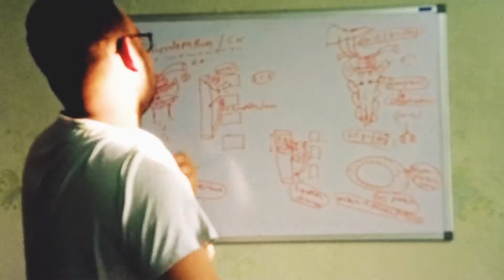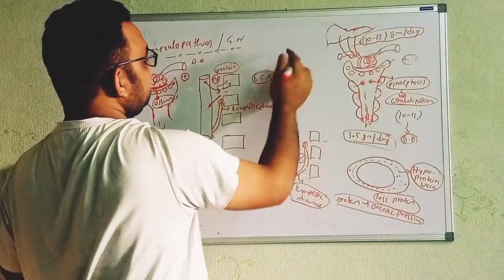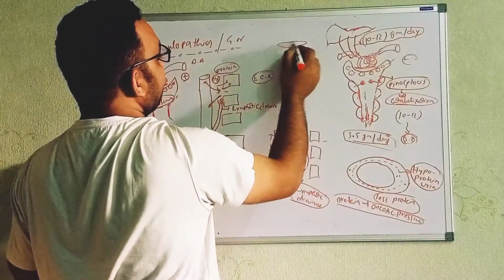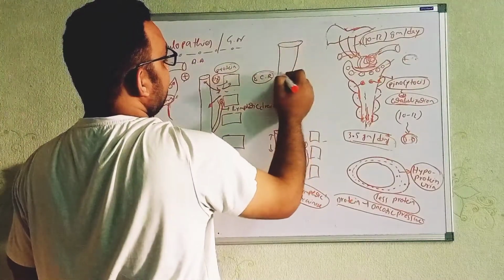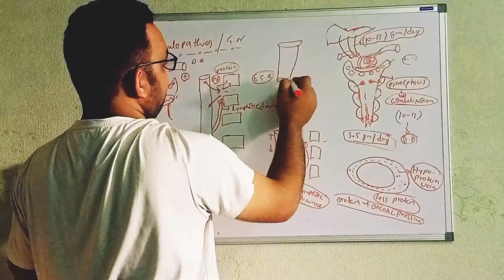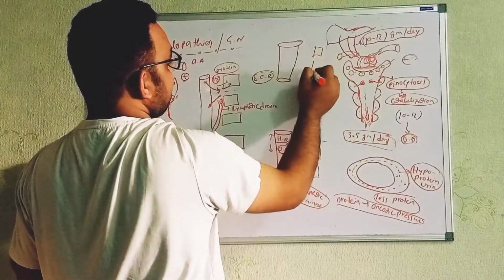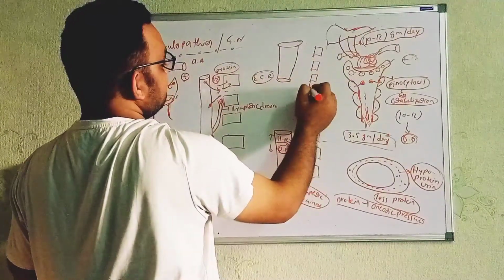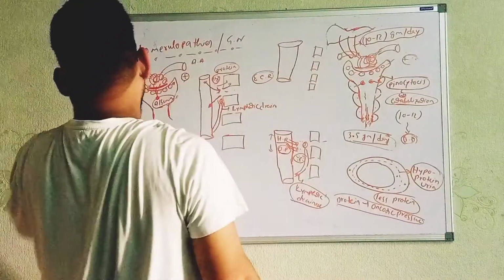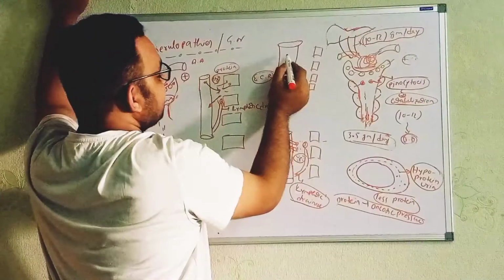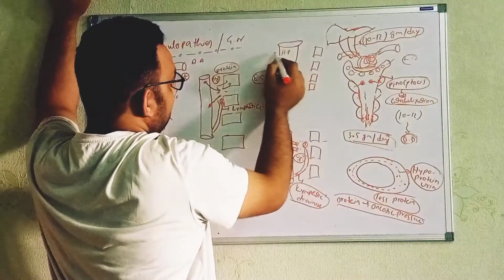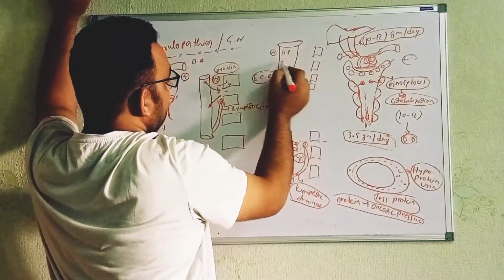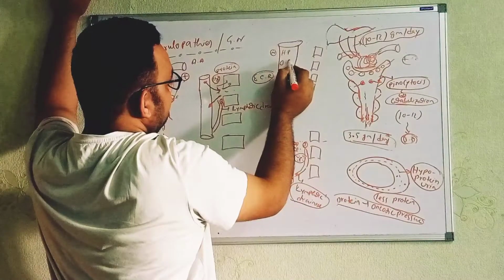But let's talk about the third case here. These are the cells, and something from the circulation or capillaries. Let's suppose the hydrostatic pressure is normal and the oncotic pressure is also normal.